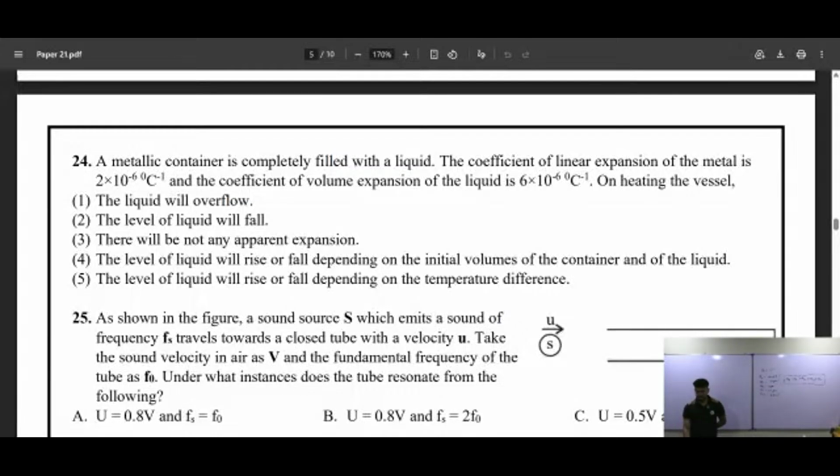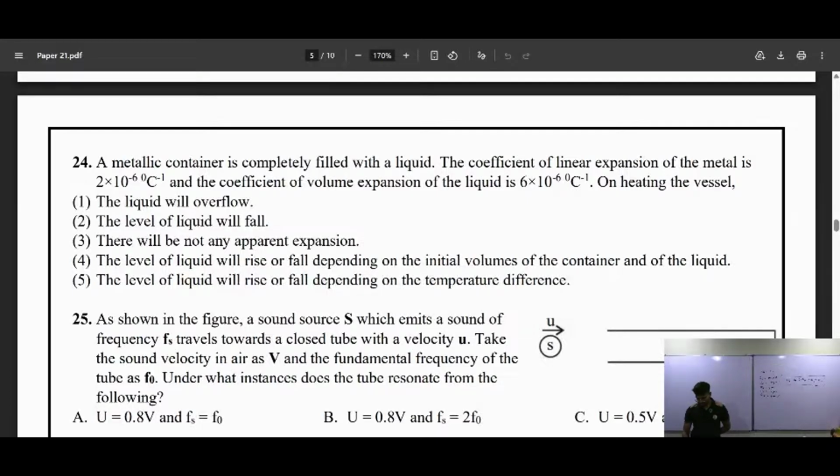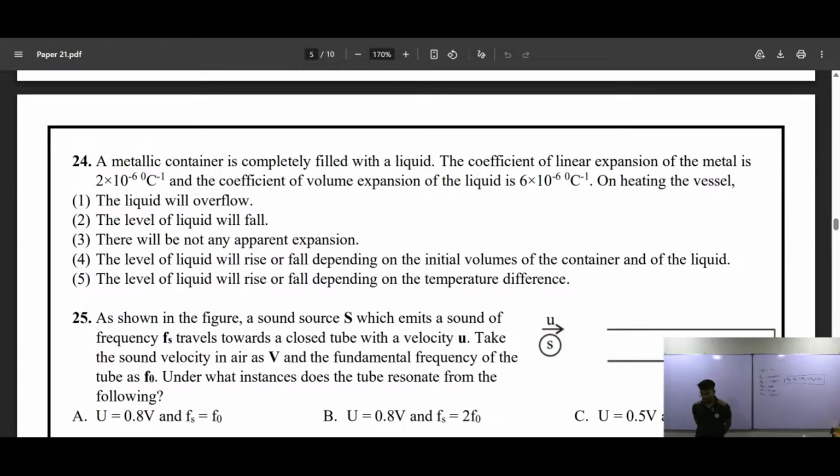A metallic container is completely filled with a liquid. The coefficient of linear expansion of the metal, alpha of metal, is given, that is 2 into 10 to the power minus 6 per degree Celsius.